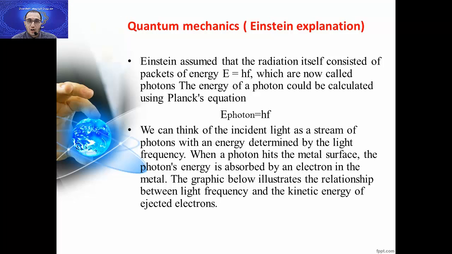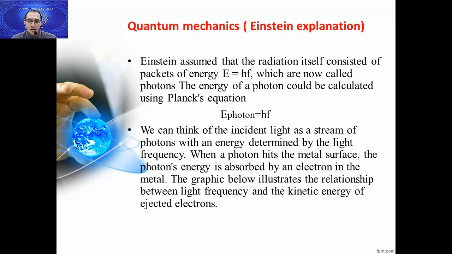E equals hf, where h is Planck's constant. These bundles are now called photons. The energy of the photon can be calculated using Planck's equation, E of photon equals hf. So Einstein said that any radiation consists of bundles of energy, or photons. The energy of each photon is E equals hf.